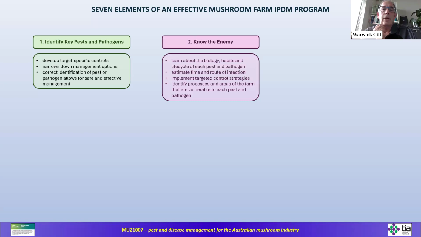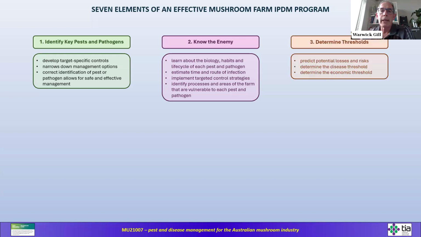It's not just about knowing what we have, but how it lives, how it reproduces, where it infects on the farm, when it infects on the farm. And by doing that, we can not only target the organism, but we can target the time it infects and the location where it infects. And we can identify where on the farm we have to concentrate our actions. Some areas of the farm may be more vulnerable than others.